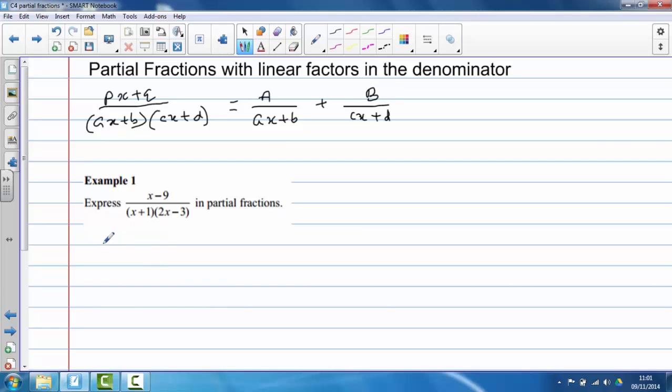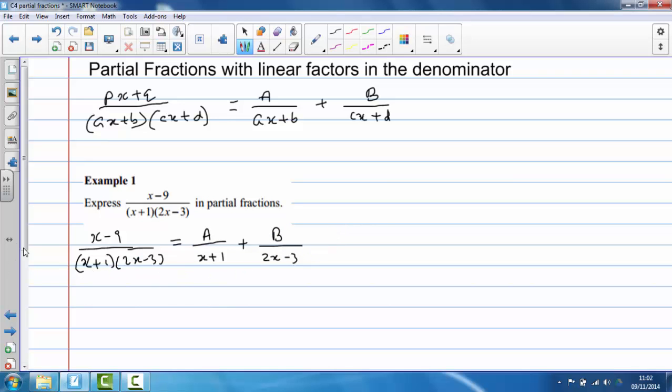So we've got x minus 9 divided by x plus 1 times 2x take away 3. Okay, and we'll separate these out. So we'll say this equals a divided by x plus 1 plus b divided by 2x take away 3.